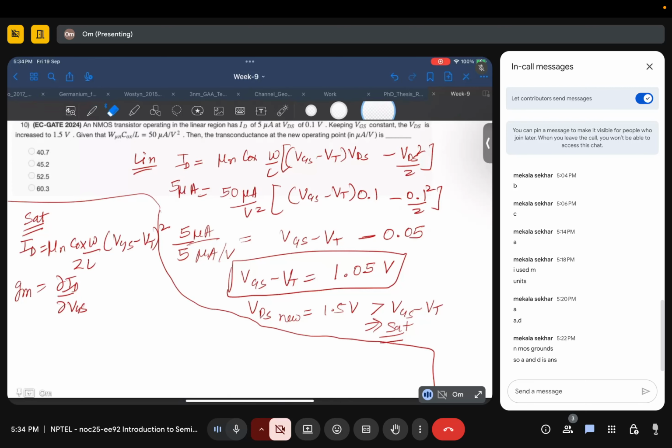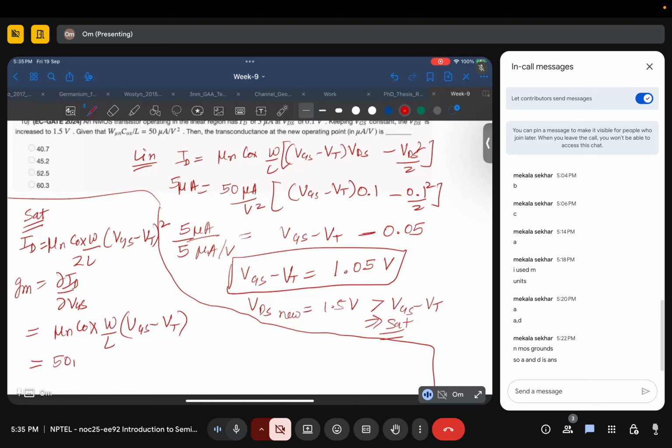If we differentiate this ID with respect to VGS, we get mu n C ox W by L VGS minus VT, which is 50 microampere per volt square into 1.05.